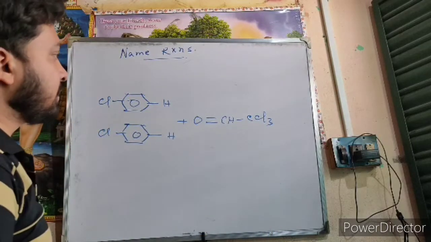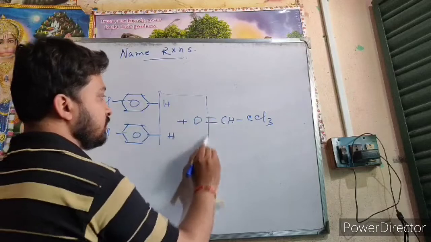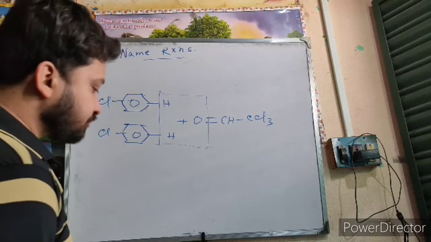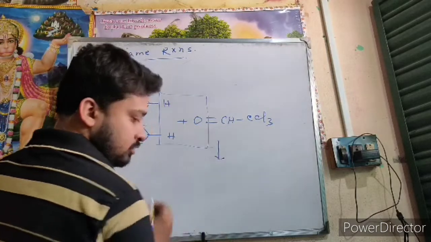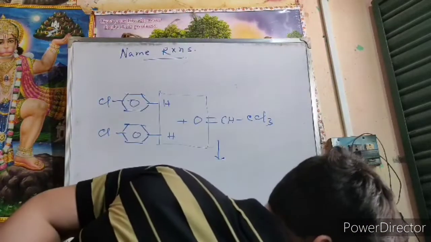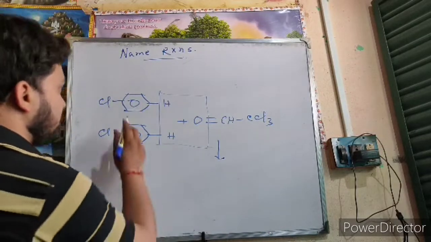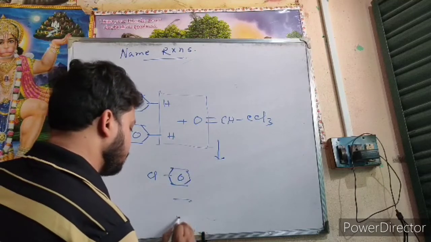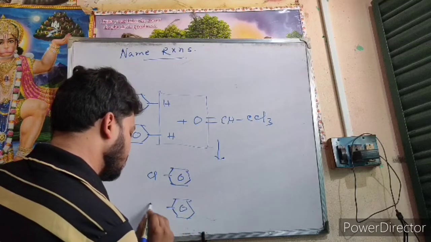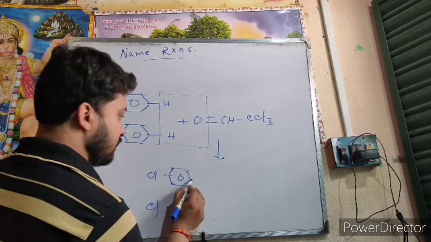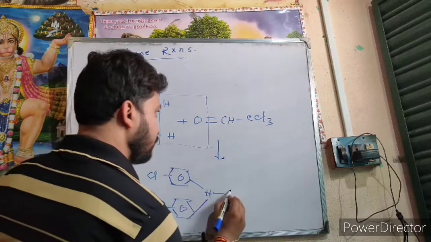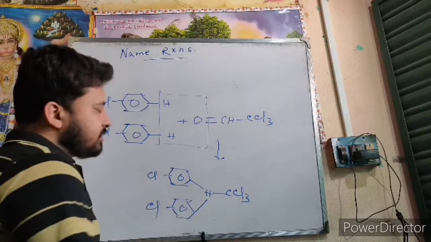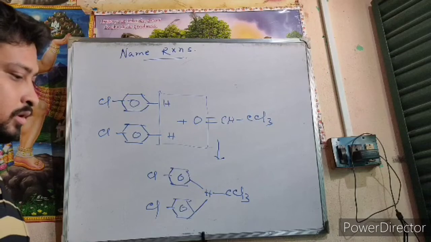If you want to make DDT, this water molecule is removed from here. So the product is joined. This is Cl, and this is Cl, and it is joined with H, CCl3. So DDT is prepared. Okay.